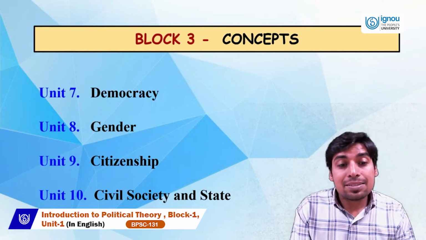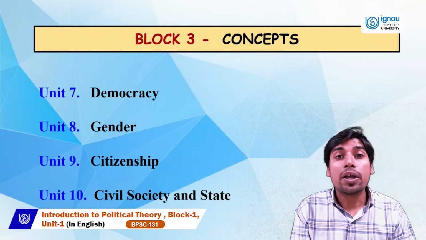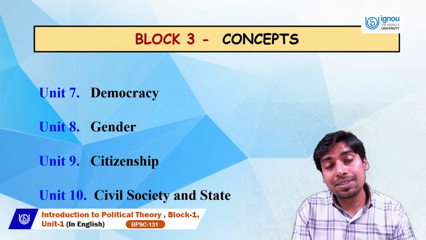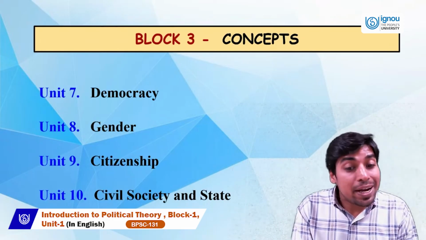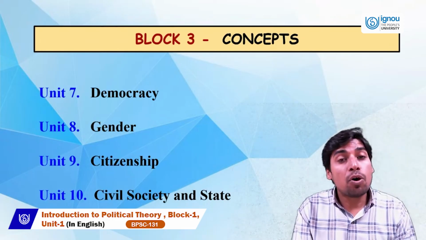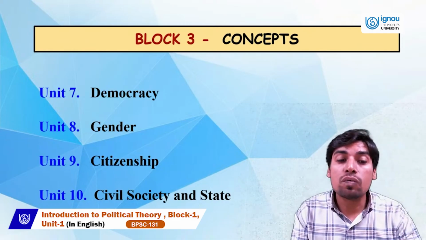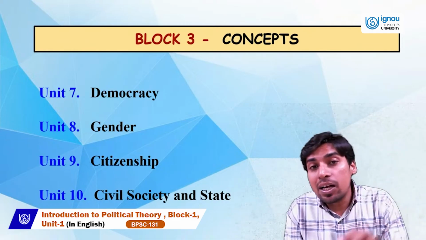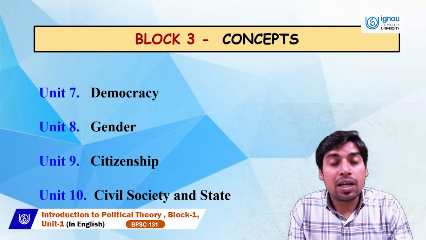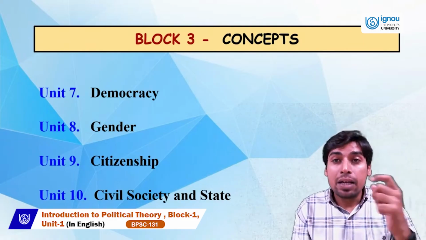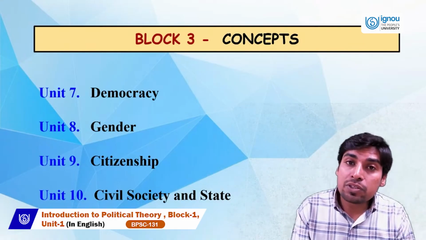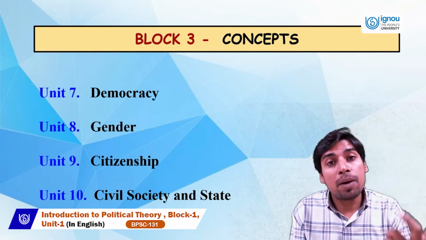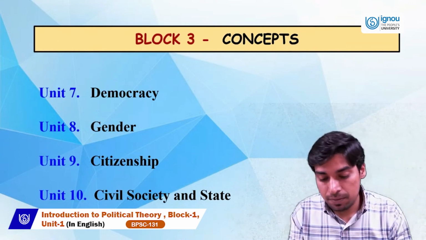Ninth is citizenship, related to human rights and citizens' rights. Unit 10 is civil society and state: the role of civil society, its relation with the state, and how it works. We are part of civil society and also part of the state.